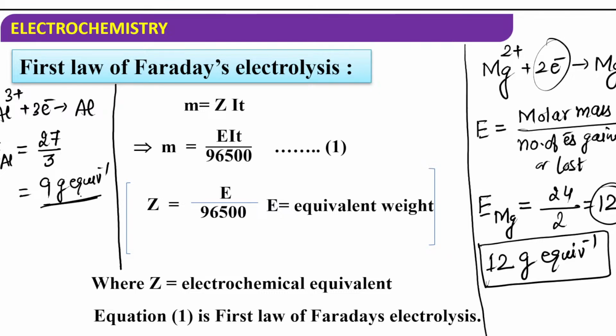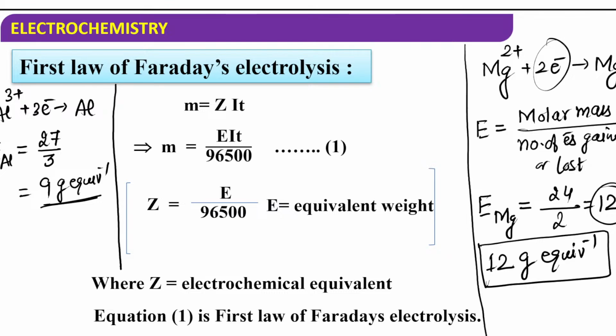You know, molar mass is gram per mole, and equivalent weight is gram per equivalent. Means to calculate equivalent weight, you need to know molar mass only and how many electrons are gained or lost. So equivalent weight is molar mass divided by number of electrons gained or lost. So this is Faraday's first law of electrolysis.